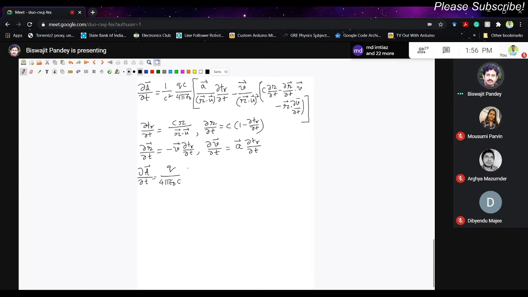So let us write this 1 by R dot u squared outside. Then if it is not common, I have to multiply an R dot u here. So I am writing that, I will put the value of ∂t_r/∂t later. First let me take a into R dot u common, and then ∂t_r/∂t, right? Then I have minus of v, this is taken outside, 1 by R dot u squared has gone outside, so I have v here.